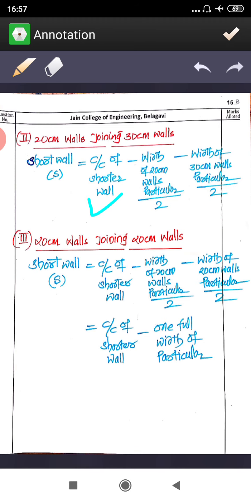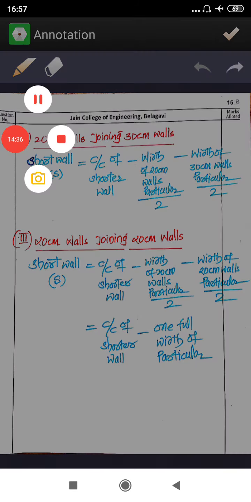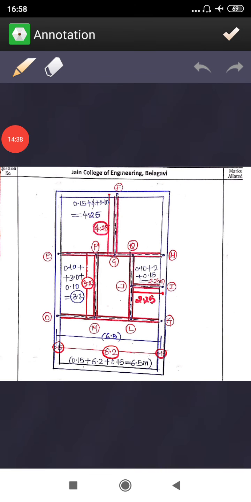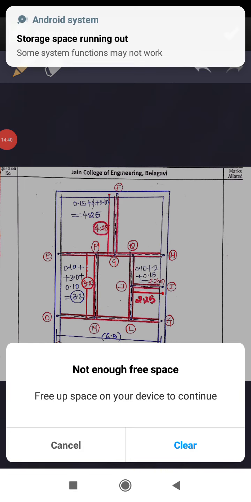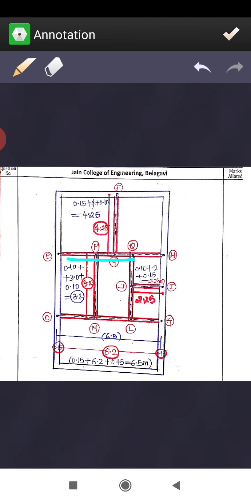I'll clear this up by showing a plan here. If you see this, center to center of EH. There is no question here, because on both sides you have a 30 centimeter wall only: half of the width from this side and half of the width from this side.